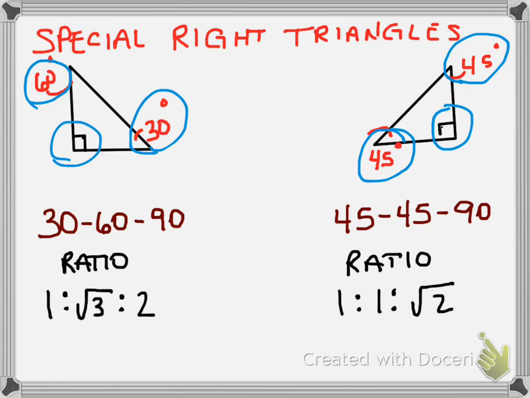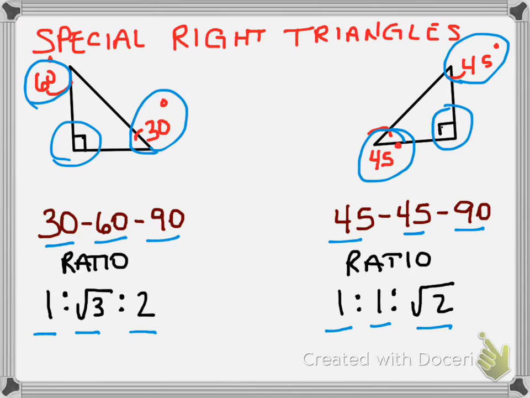Here at the bottom, we've got a 30, 60, 90 right triangle, and the ratio of 1 to the square root of 3 to 2. And on a 45, 45, 90, we've got a ratio of 1, 1, and the square root of 2.